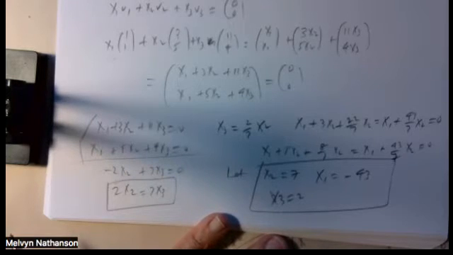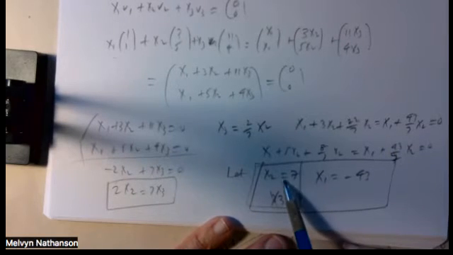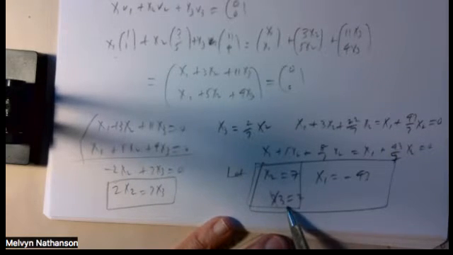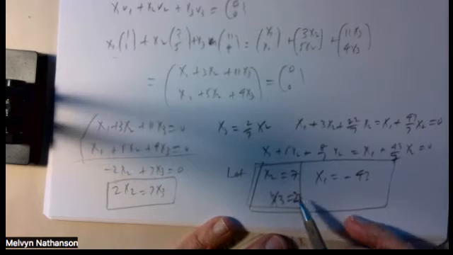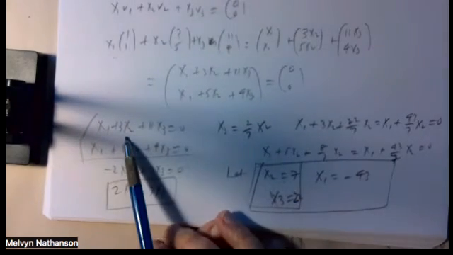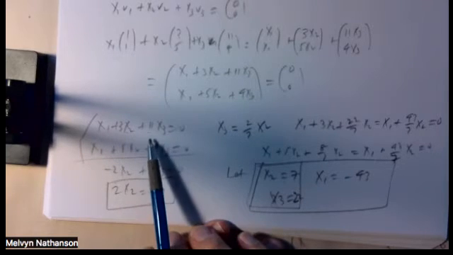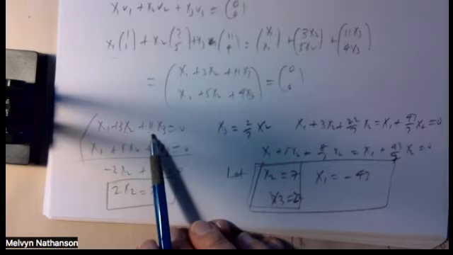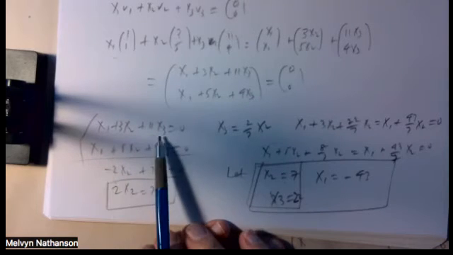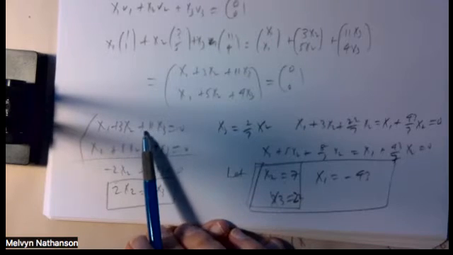And if I let x2 equal 7 and x3 equal 2, then 3x2 is 21 plus 11 x3 is 22. 21 plus 22 is 43.